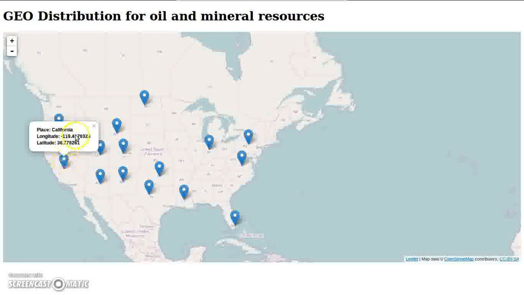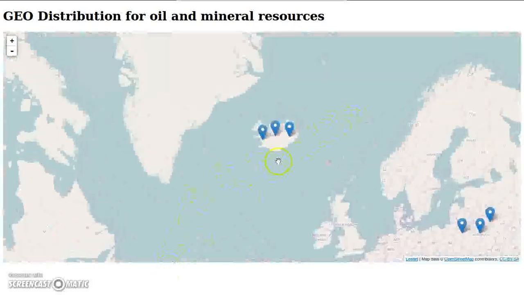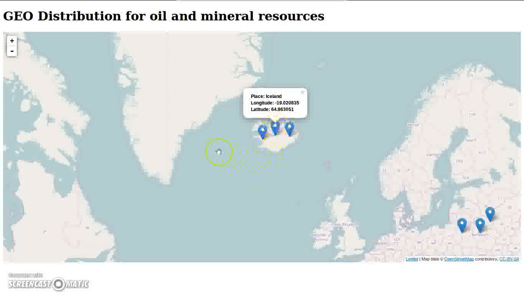We show this in a nice tooltip where we show the latitude and the longitude. Also, coming more towards the east, we see Iceland also has oil and mineral resources. This data was basically received using NER tagging, and we see these results.